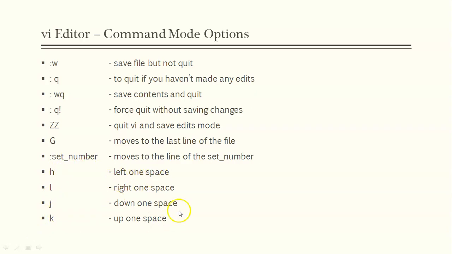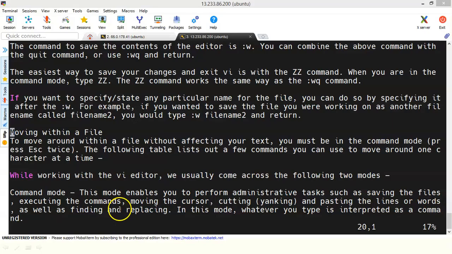These are nothing but the up arrow, down arrow, and left and right arrows, how you're navigating through the file. You can make use of HJKL keys as well on the keyboard. Let us look into it.